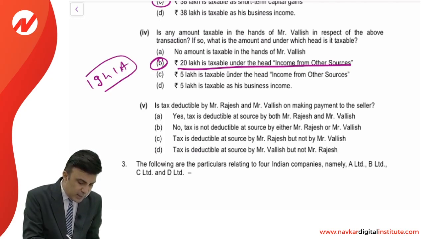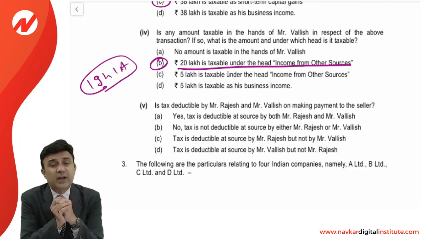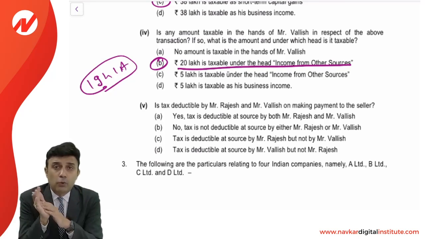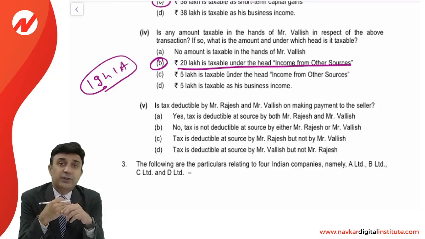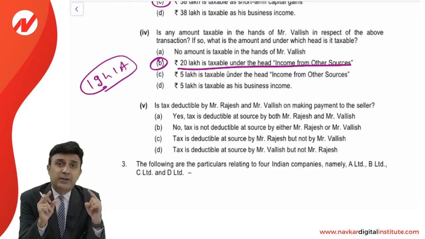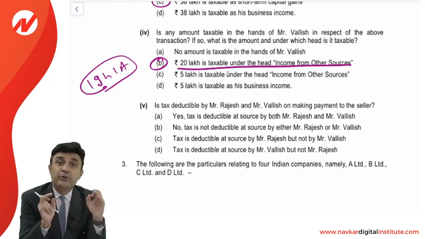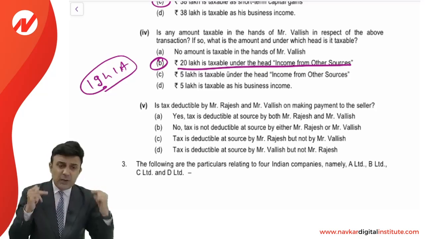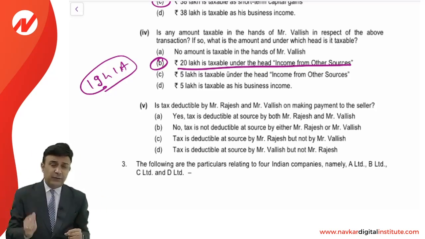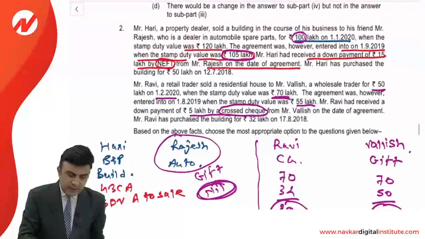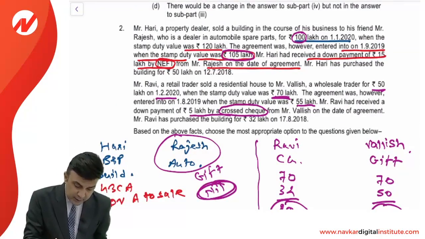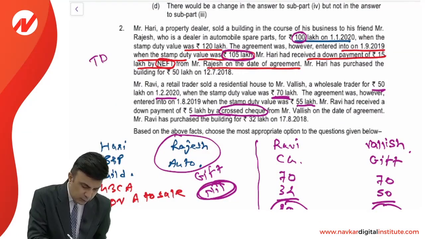194 IA. 194 IA says that if consideration is 50 lakh or more, TDS applies. When they use the word consideration under 194 IA, consideration means not the stamp duty value, it is the actual sales price. So if the actual sales price is 50 lakh or more, then 194 IA TDS is required to be made at the rate of 1%. Can I say over here it is sold at 100 lakh? So yes, TDS will come.